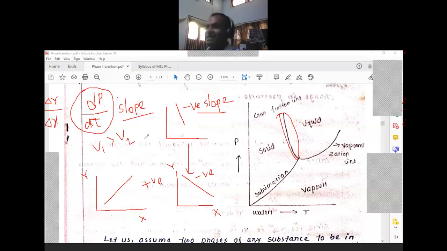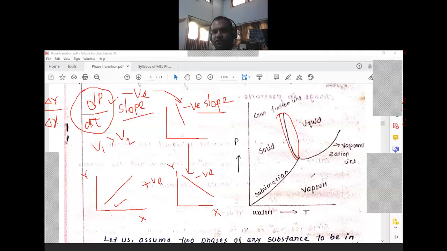Because in that case, dP over dT will be a negative quantity. Why negative? Because we have learned that the volume of ice is greater than the volume of water. That means the final volume is less than the initial volume, and therefore the dP over dT term comes out to be a negative quantity. In other words, the slope is negative.